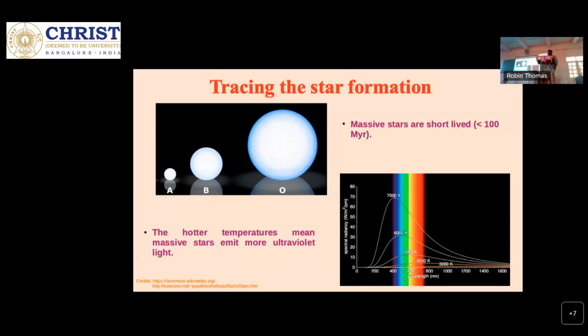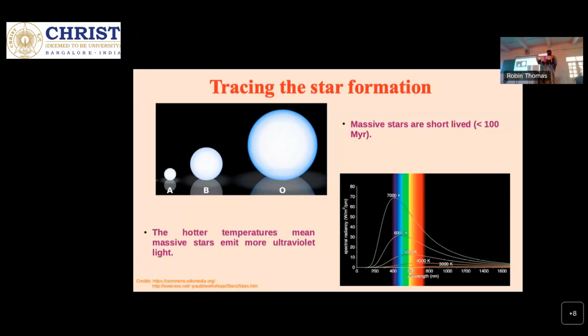Short-lived here, in our case, we mention it as less than 100 million years. We deal with the million year scale because stars are born and live up to millions or giga years. Here these stars will live about 100 million years. So consider the UV light that we are observing in the sky is coming from the massive stars only.